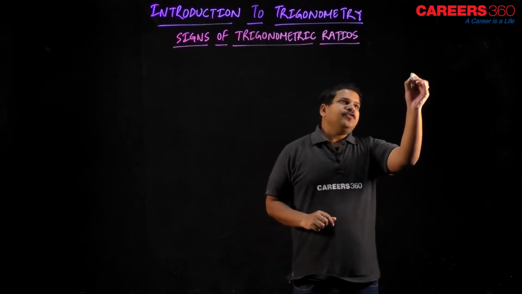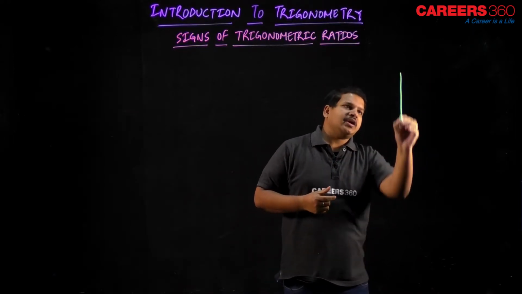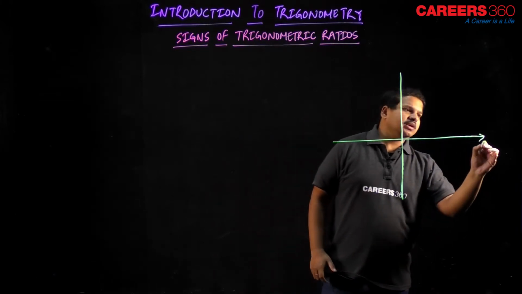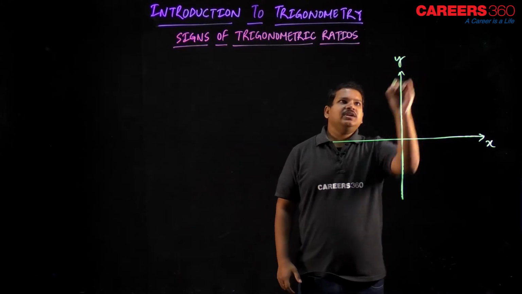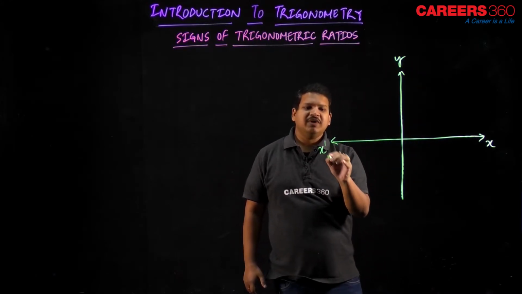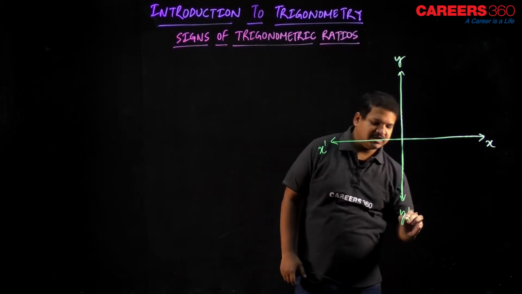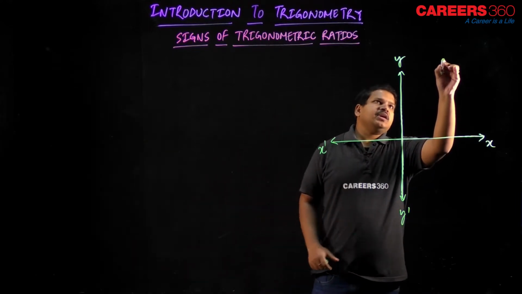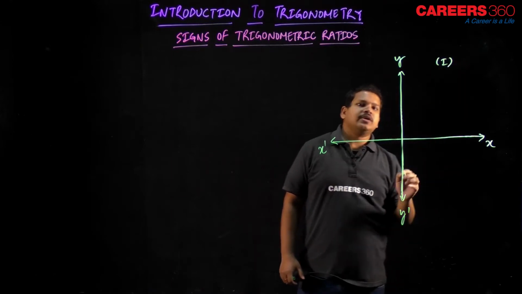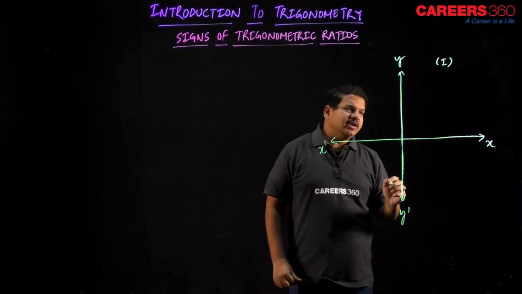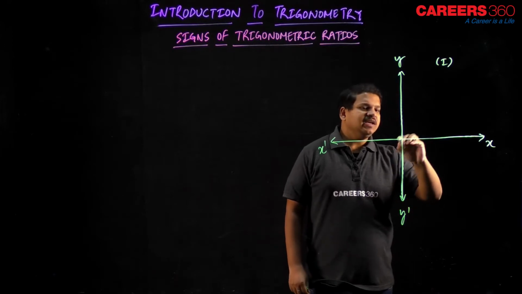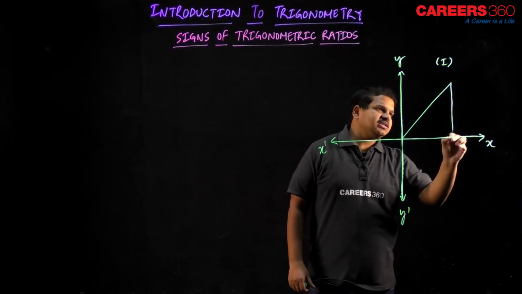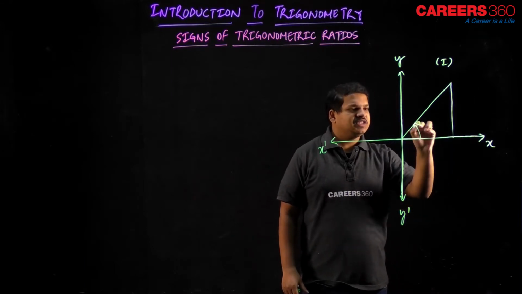So let me just draw a quadrant right over here. These are the x and y plane, as you can see x and y, and over here this would be minus x and this would be minus y, right. In the first quadrant, this is my first quadrant, let's say I have a triangle somewhat like this and I have a theta.